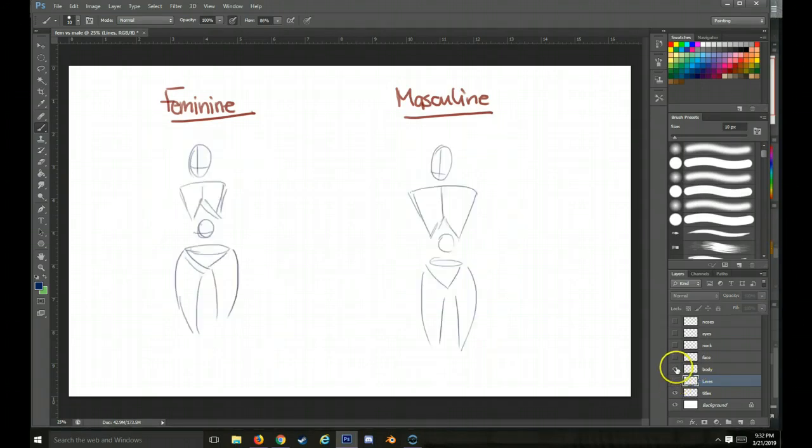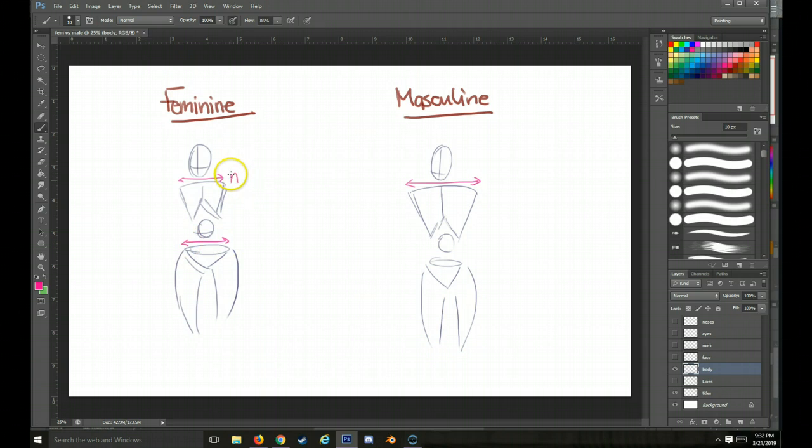The next main difference that we want to note is that a female character is going to have narrower shoulders than the male character, and their pelvis and hips are going to be wider.